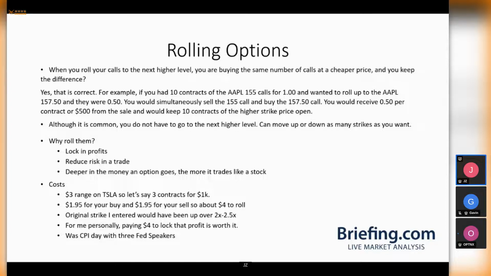Who knows? If you're sitting on 100% profit in an options trade, and you genuinely think there is more upside to the stock and therefore in the option, I like to lock in that profit and get some of that money off the table, just in case it moves against you.